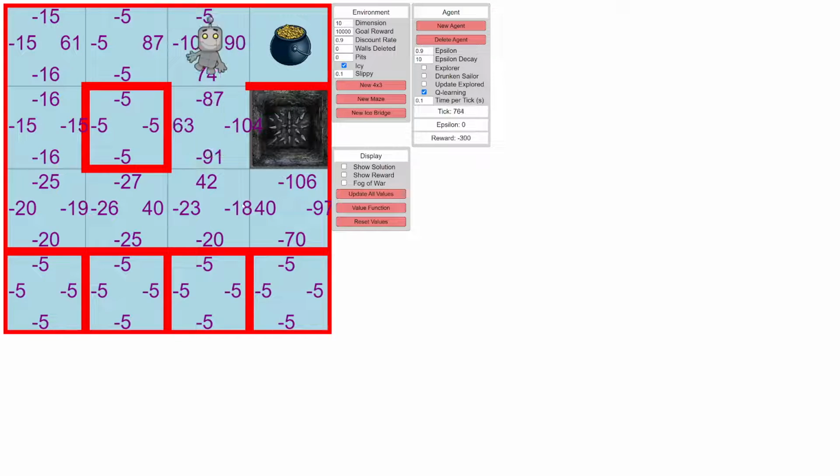So it's happy to move up here because it doesn't mind slipping back and forth here. And the only chance that it falls into the pit now is that first step. When it makes that first step to the right, it might slip into the pit. Otherwise, it's found a path to exploit, and it's a short path. So I'm really excited about that. I like that. Let's move to the ice bridge now.